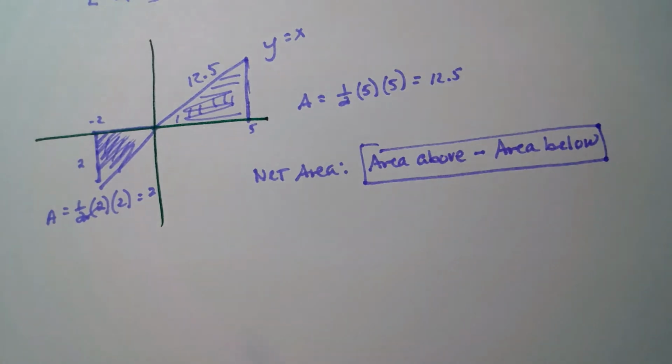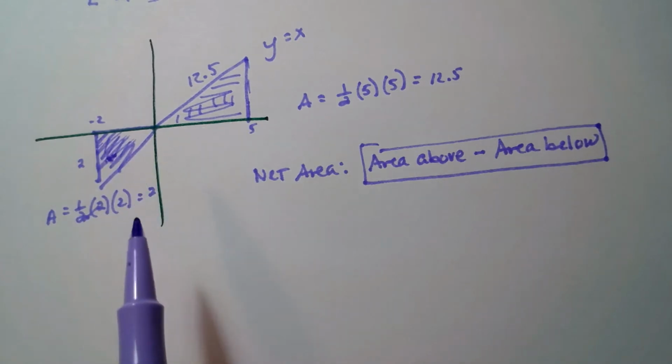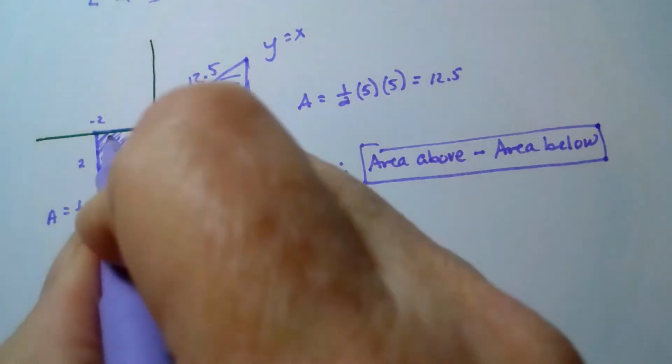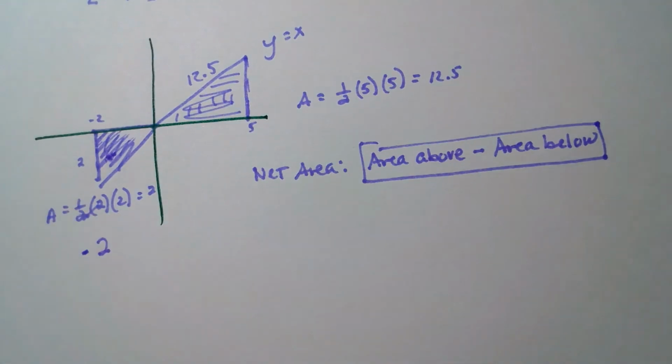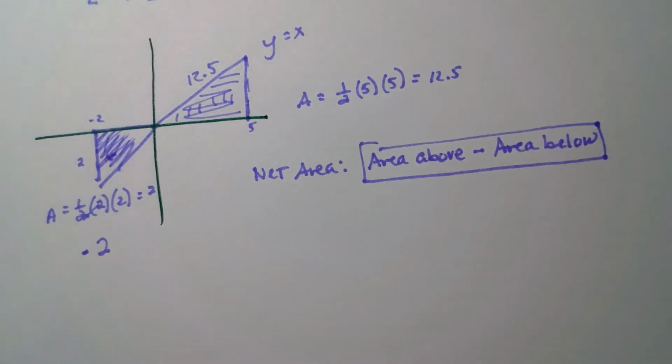If I wanted the total area, I would have to change the sign of this. I know that the area here is 2, but I assign a negative to it because it's below the x-axis. So if I wanted to make it positive, I'd have to flip this part of it above, and I'll show you what I mean hopefully in a second. I know that seems kind of weird, but I want to show you something.